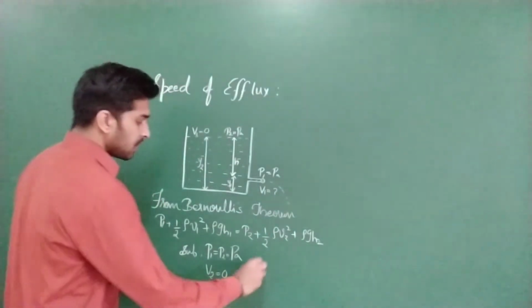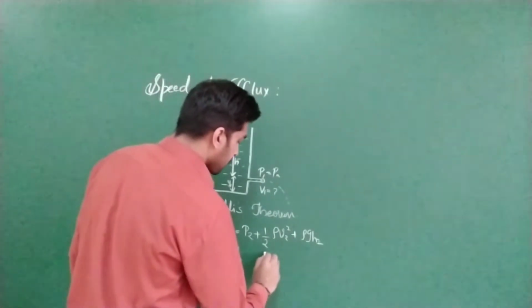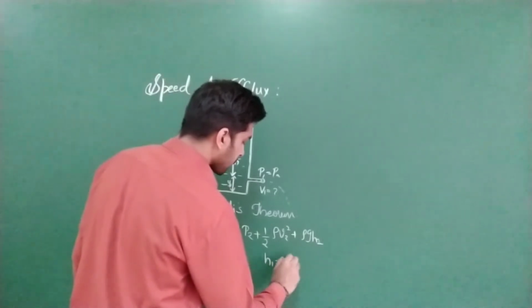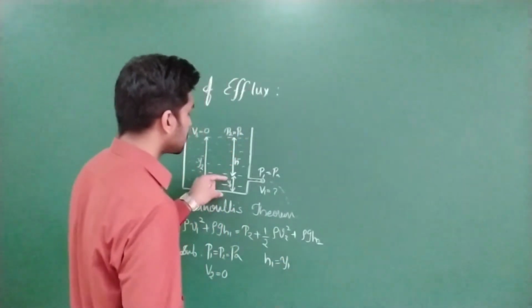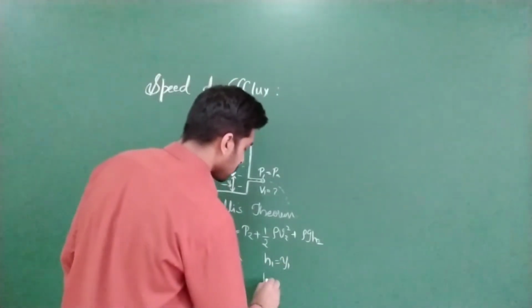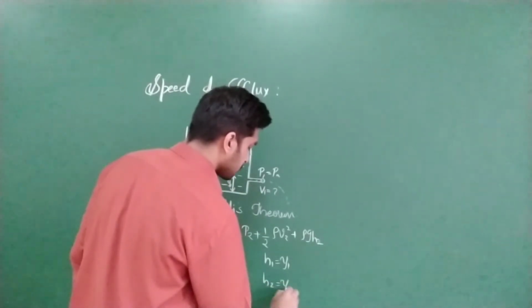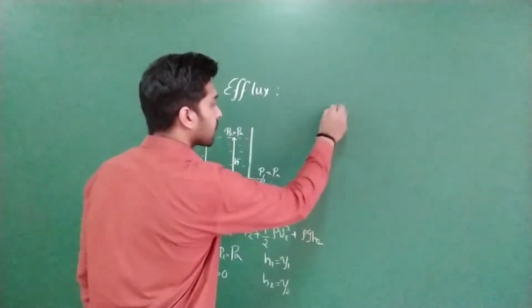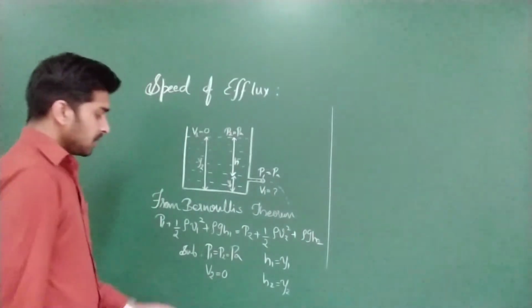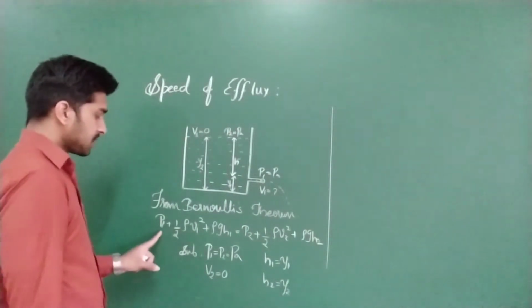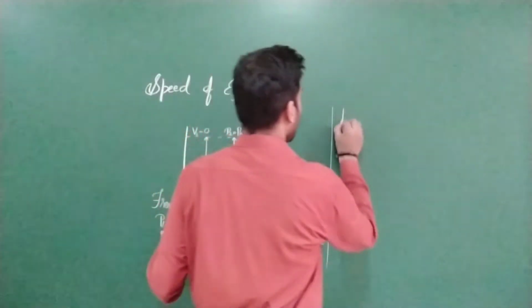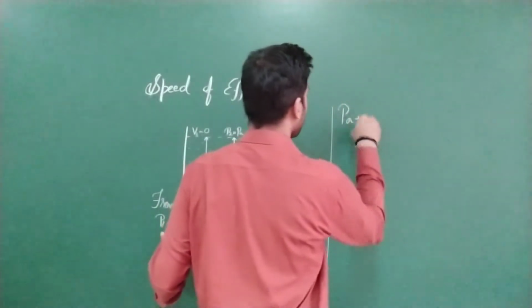Next, put h1 equal to y1, that means this distance, and h2 equal to y2. So by substituting these values, let us check. Here what can I write?